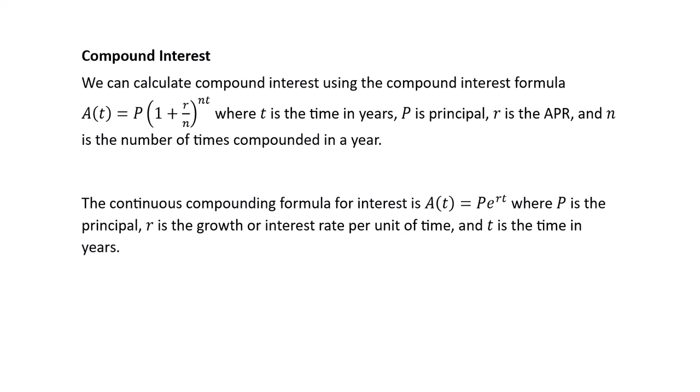This would be the formula to use if you're going to compound things daily, quarterly, monthly, yearly, and so on. So if it's compounded a finite number of times in a year.